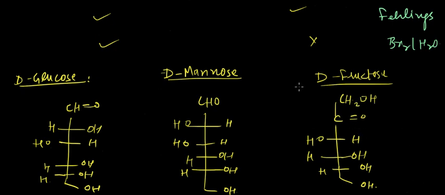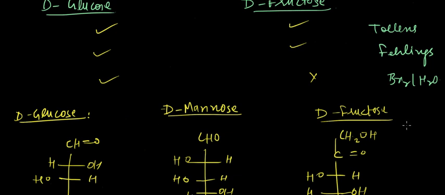So this is the structure of D-fructose, and I hope you remember the Tollens and Fehling's test, what the nature of the test will be in all the compounds, and basically we were comparing glucose and fructose. So this is a keto group with an attached CH2OH group, that's why it is showing Tollens and Fehling's test. Otherwise ketones don't show these two tests. And why is it not showing the Br2 water test? Because for Br2 water we strictly require an aldehyde.